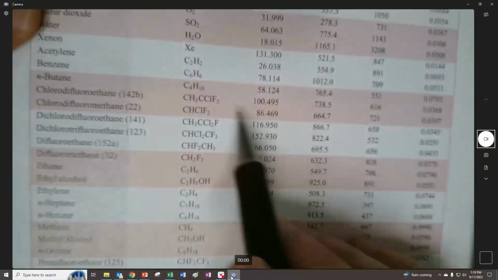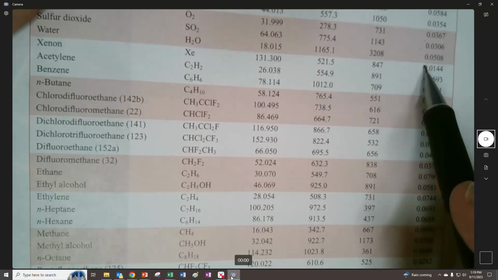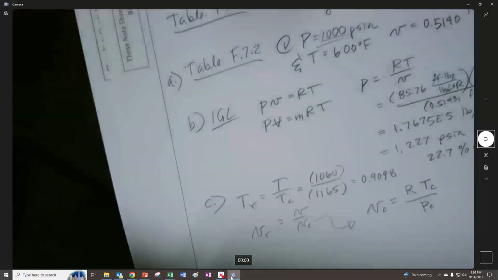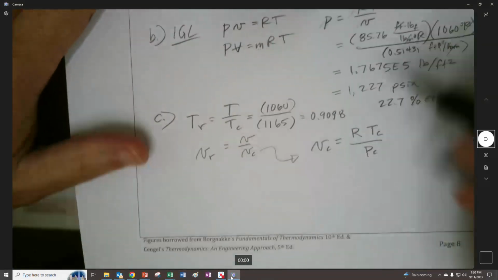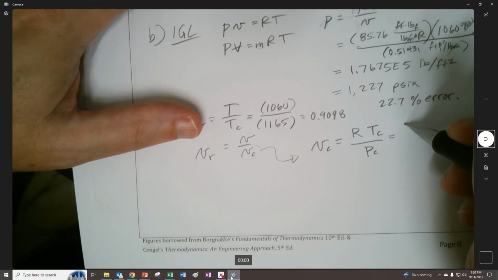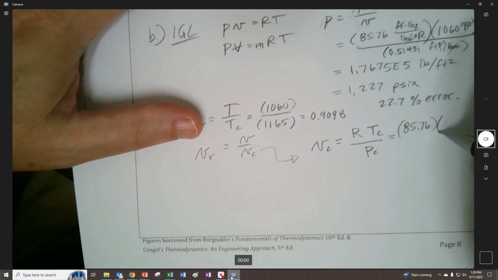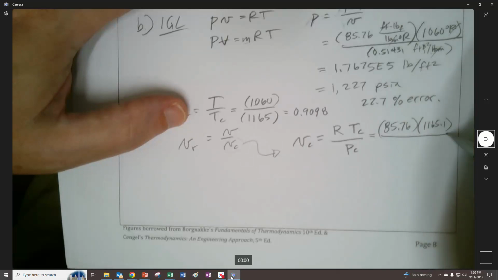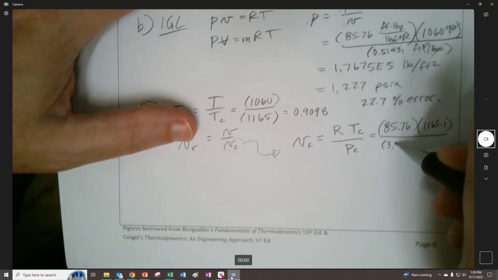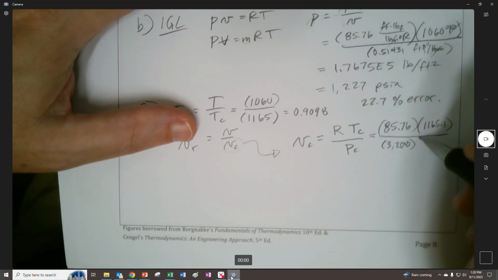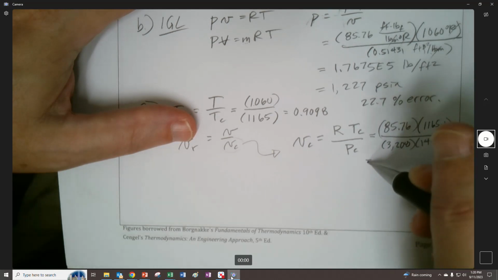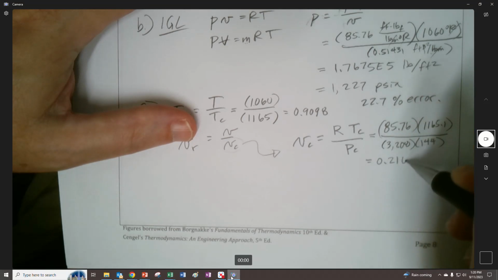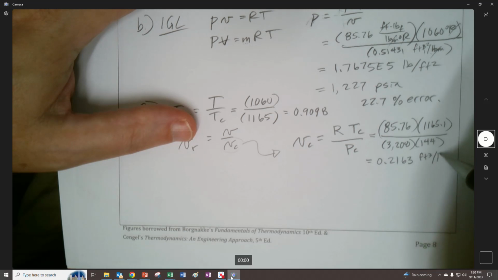Remember, this is for water, and this is 0.0508, but in the textbook what they calculate here is they use 85.76 and 1165.1, and to get the units correct they take the 3,208 but multiply it by 144. What they end up with is 0.2163 cubic feet per pound mass.